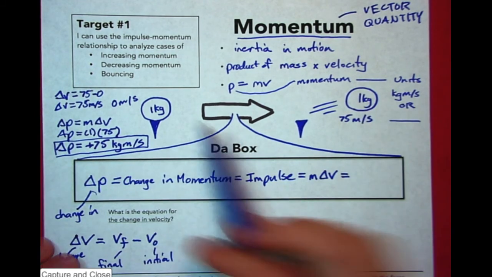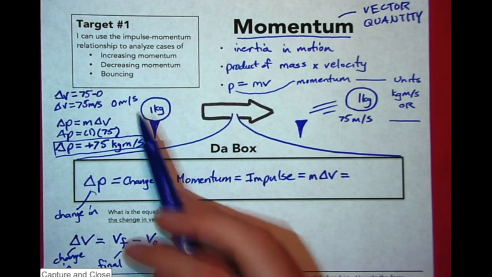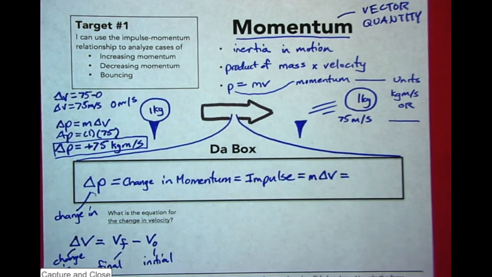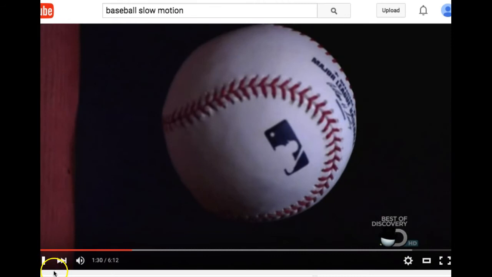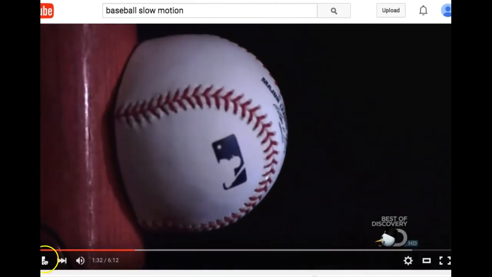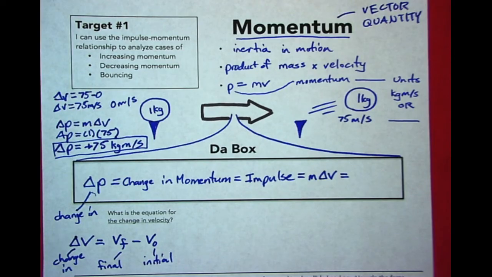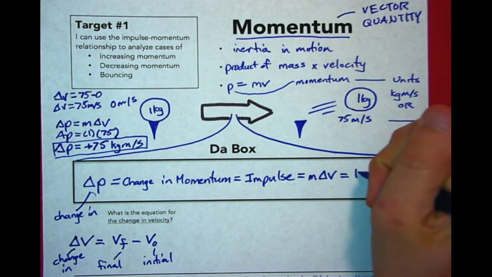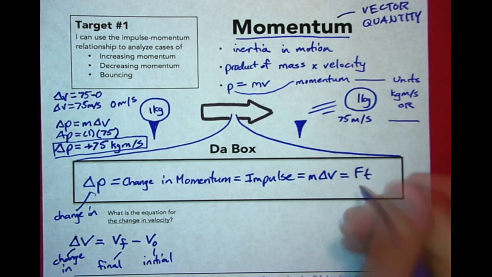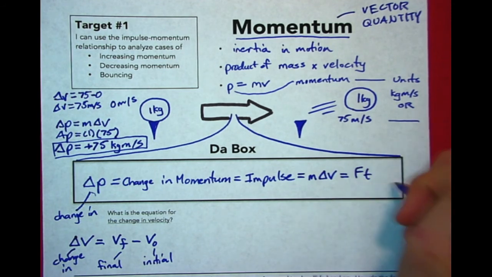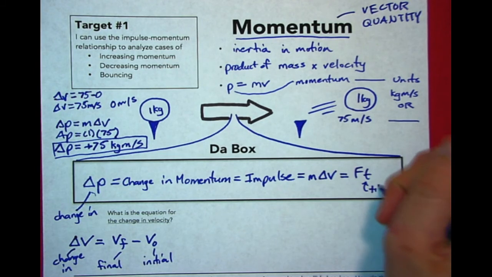Even though it might seem like in a split second it goes from 0 meters per second to 75 meters per second, if instead of a golf ball we look at a baseball, we could see that that force is going to be applied for some amount of time, however short. So a force is going to be involved in this situation over a certain amount of time. And this is going to be the time the force is applied for.